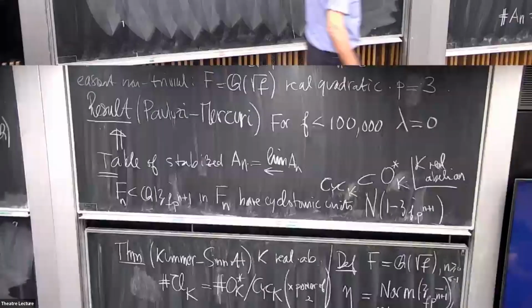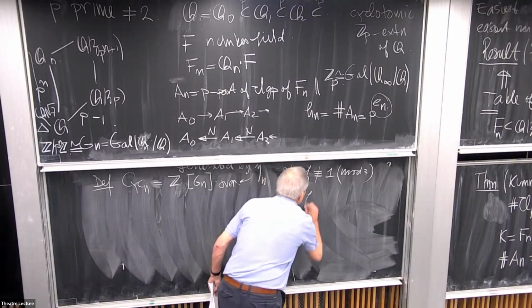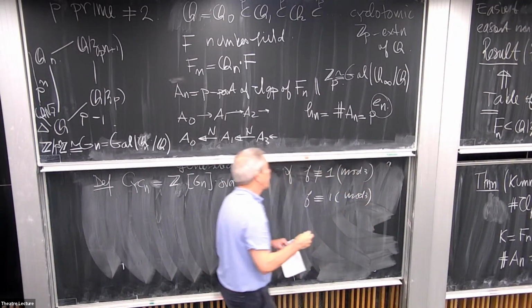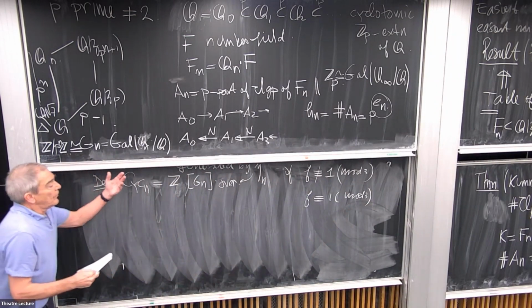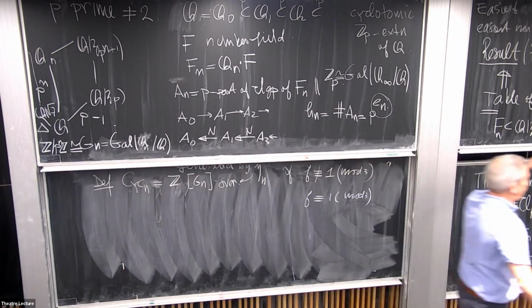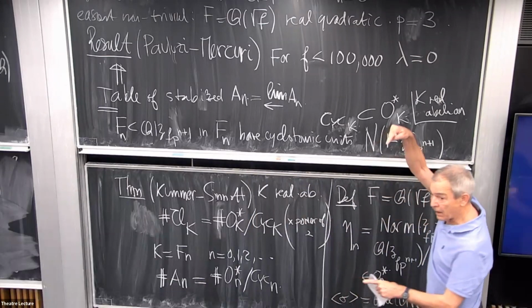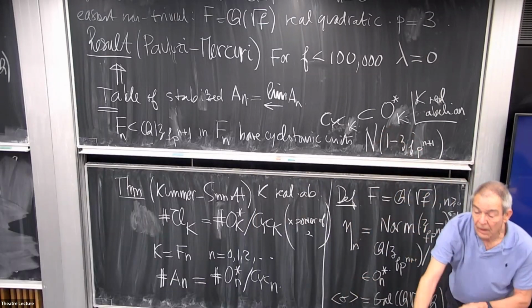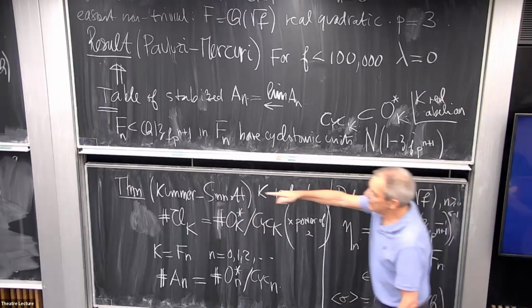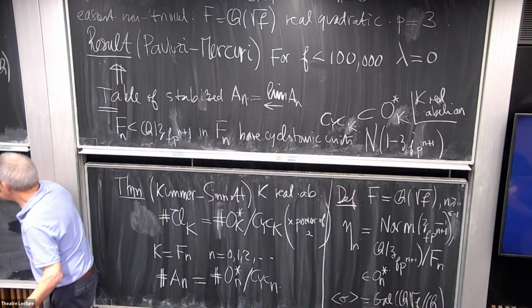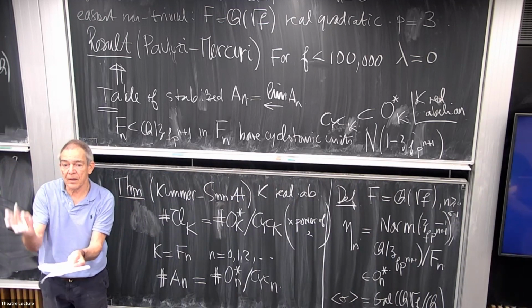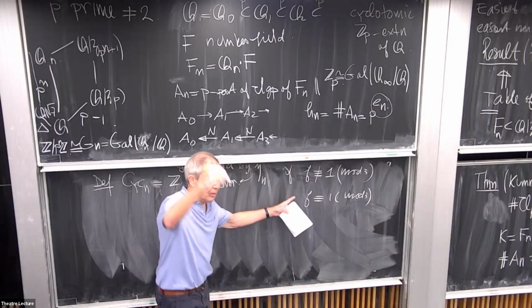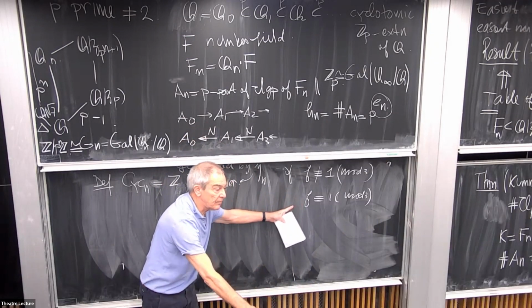In the case that F is congruent to 1 modulo 3, maybe I should also say the norm maps the eta n's to each other. The norm in the tower maps eta n plus 1 to eta n all the way down to eta 0. However, in this case, the formulas of Sinnott get a sort of trivial Euler factor that becomes 0, and then you don't get eta 0. The norm is 1 all the way down to the quadratic field.